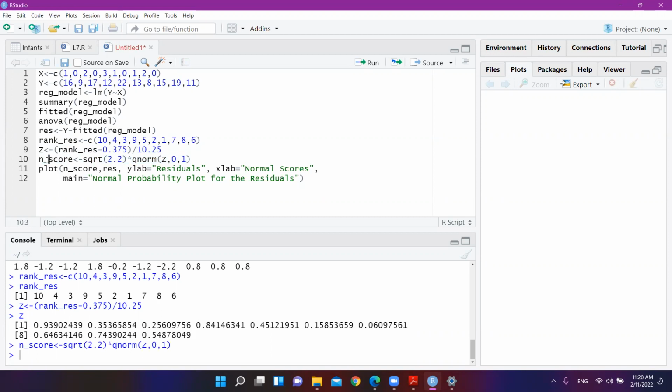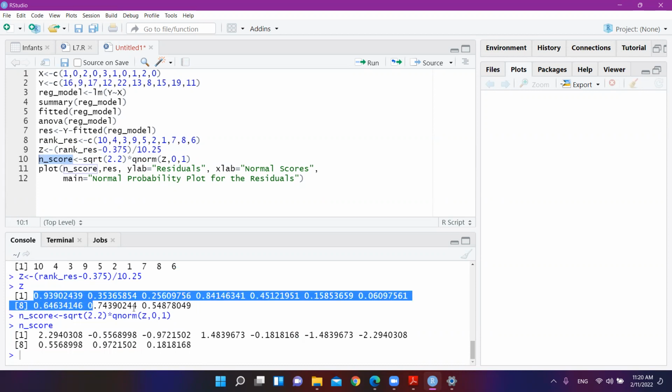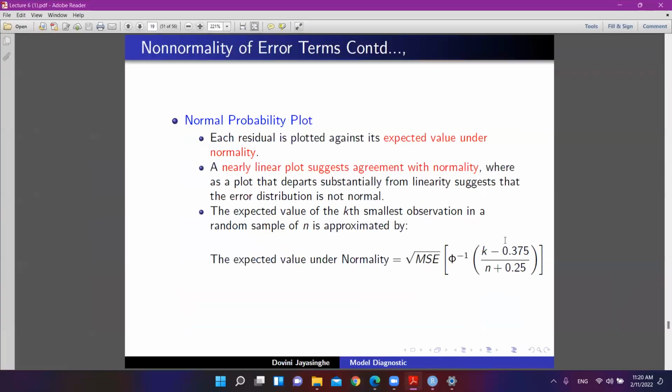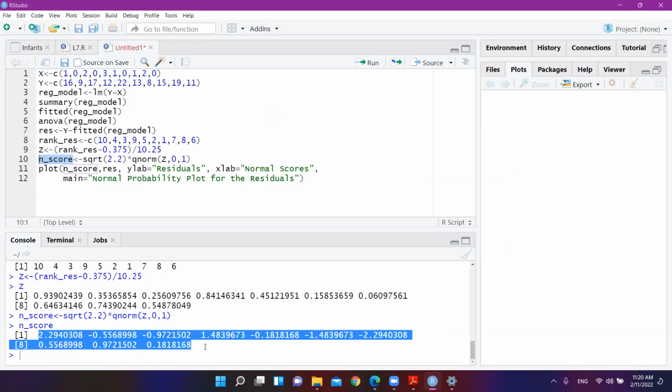Right. These are the probability values, right? That means these ones, okay? And when I read it from the table, I'm getting the Z values. So those are these ones.